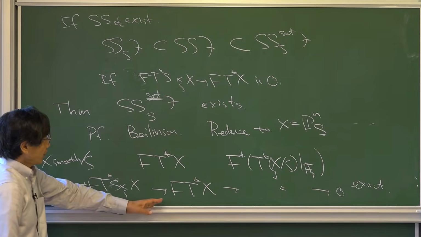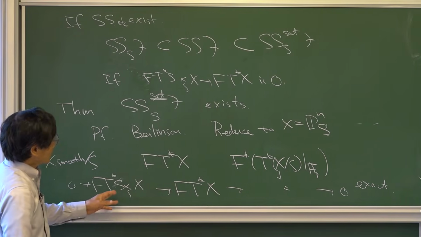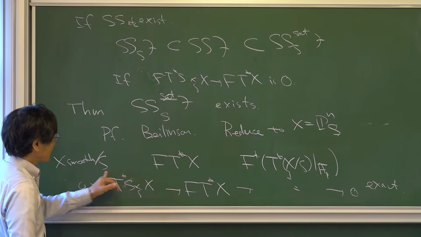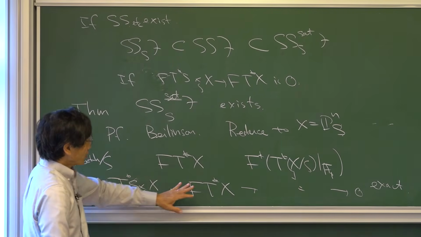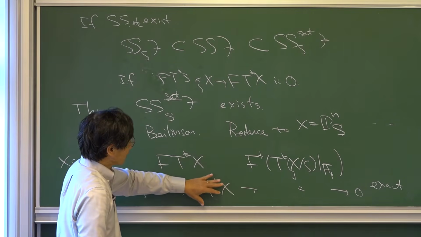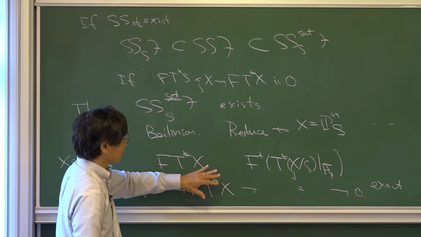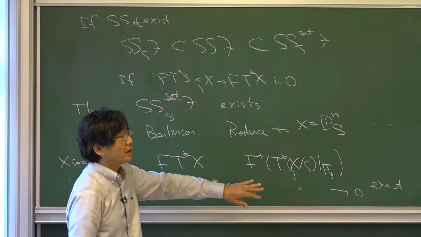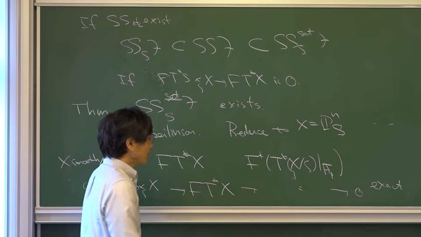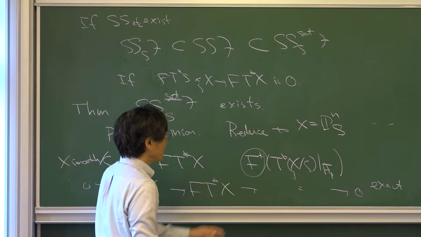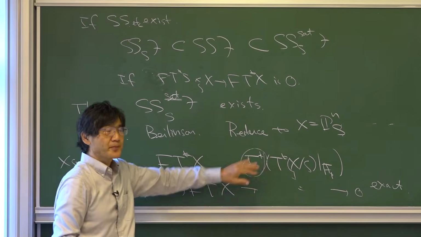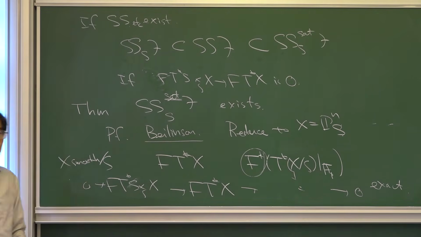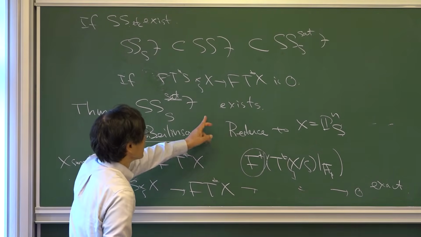And if we assume this saturatedness condition, that means it's stable under the action here. So to consider a saturated closed conical subset here means that you just consider a closed conical subset here. And this Frobenius is a homeomorphism, so you can ignore this. Then you can literally copy the argument of Beilinson to prove the existence.